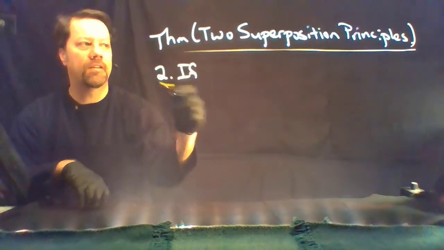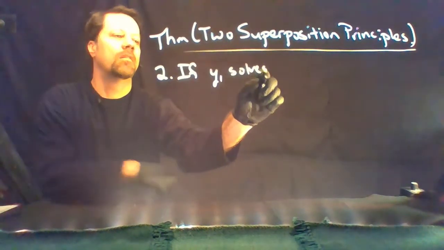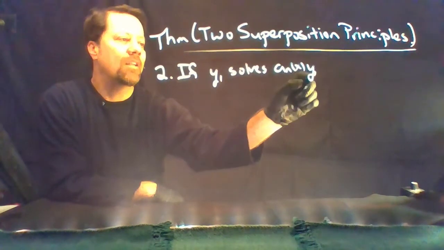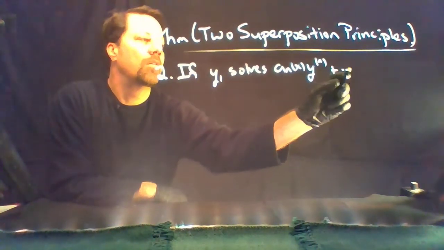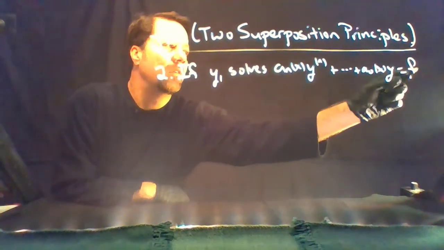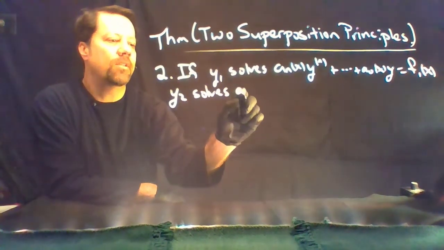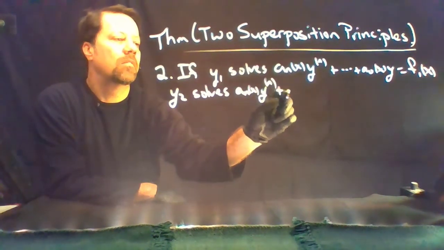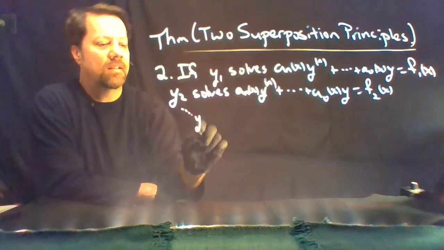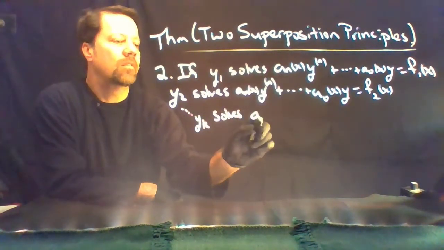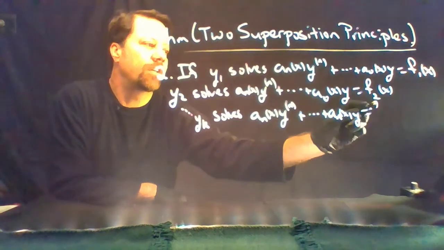The second form of the superposition principle is that if y1 solves one of these nth order linear non-homogeneous problems, we don't need the subscript here, it's just the equation that y1 solves, with a forcing function f1, y2 solves the similar equation with a forcing function f2, etc. Let's suppose yk solves the same equation, but with forcing function fk.